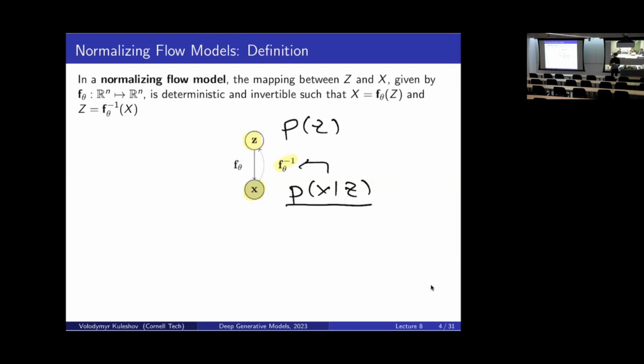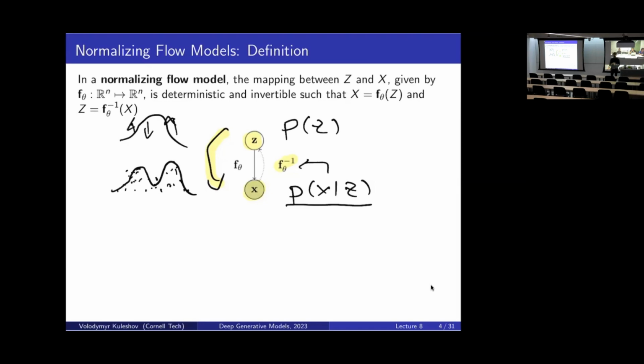But if we were to sample many of these z's, starting from a simple prior over p of z, we could take many samples from z, and then these samples get remapped in some way to the x's. And now the distribution over x can be more complicated because this function f has learned to remap by pushing certain things up, pushing certain things down.